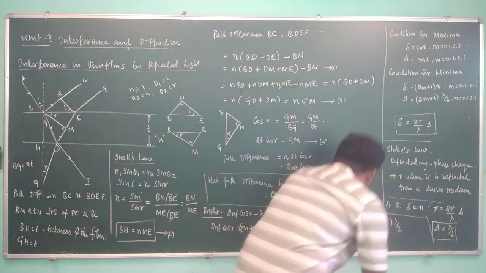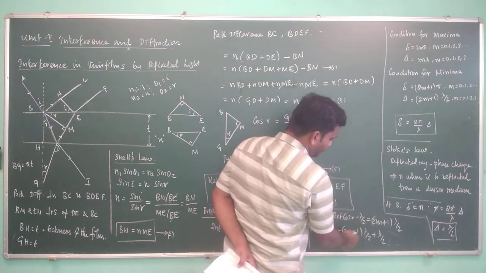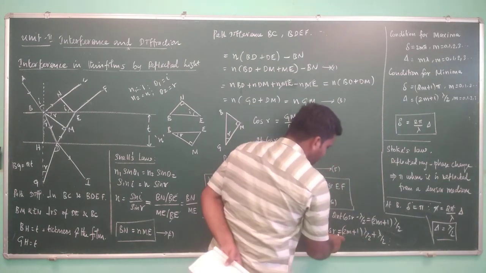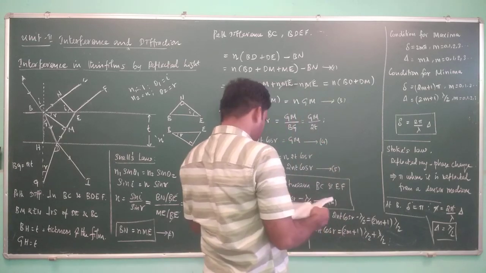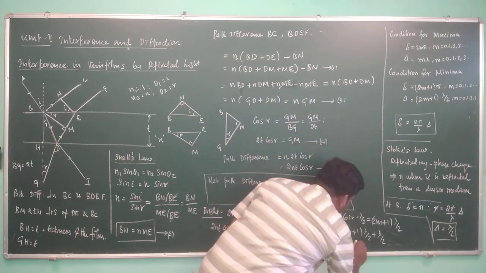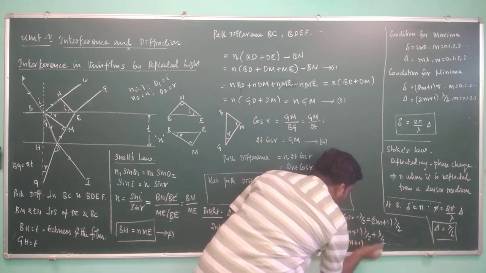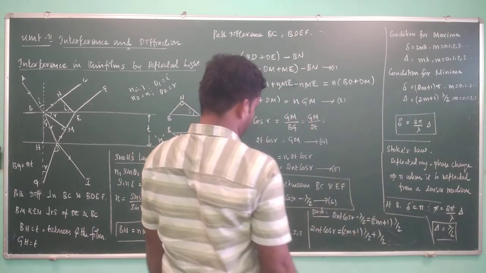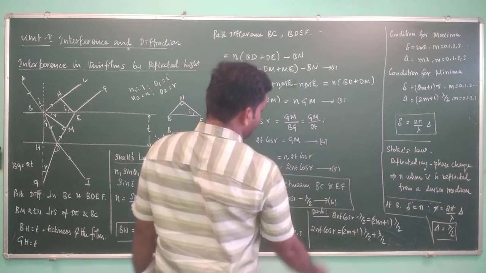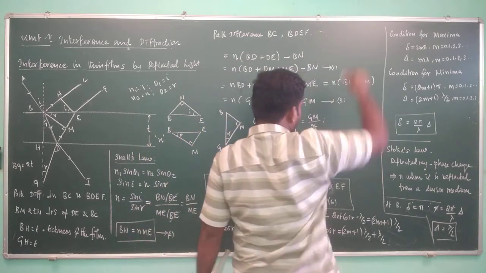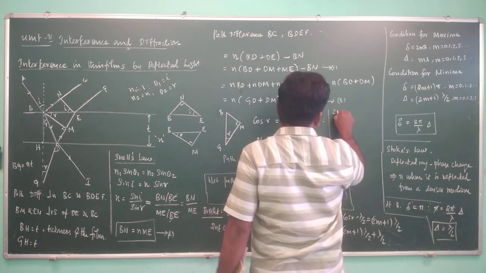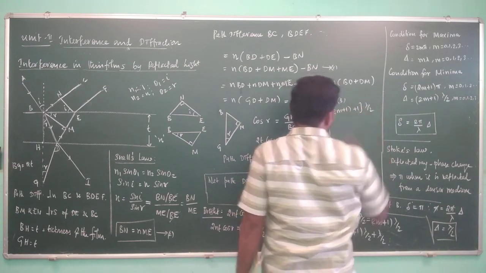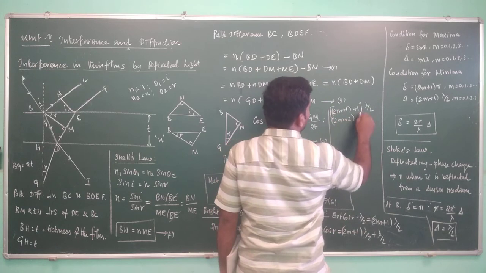Let me write this over here. 2m plus 1, and the lambda by 2 is common, so that it becomes 2m plus 2 into lambda by 2.